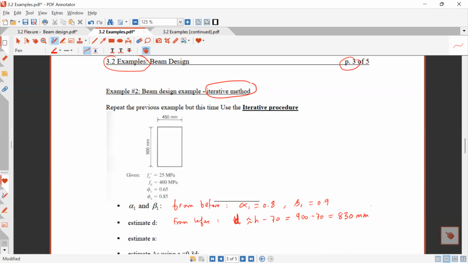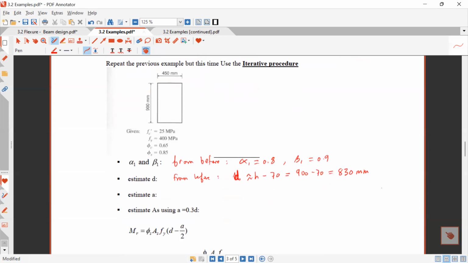Just like before, let's estimate A. For beams, A is approximately 0.3D. So 0.3 times D is equal to 250 millimeters.